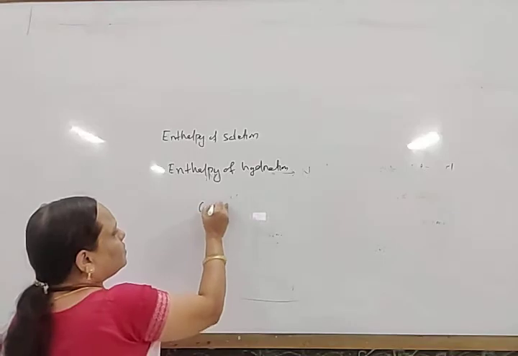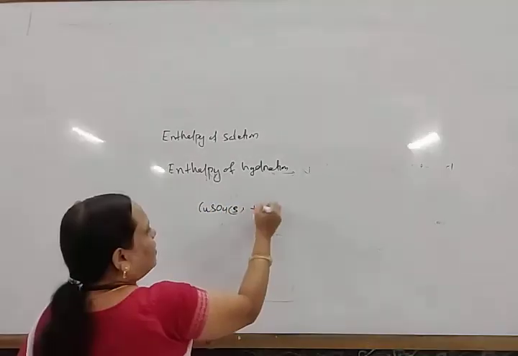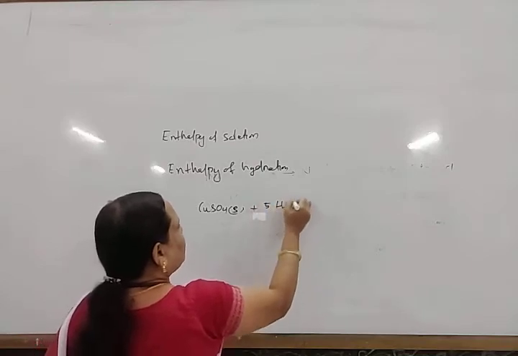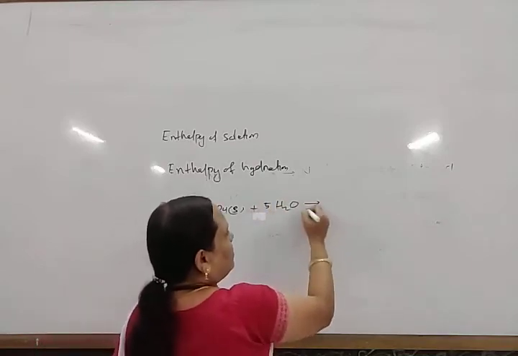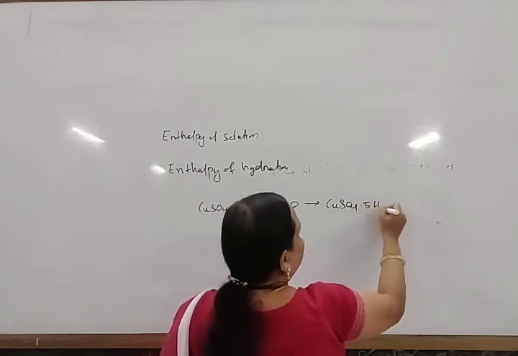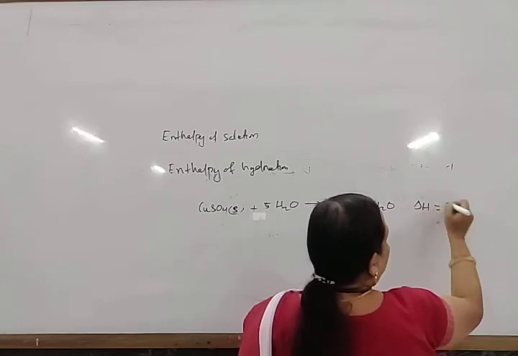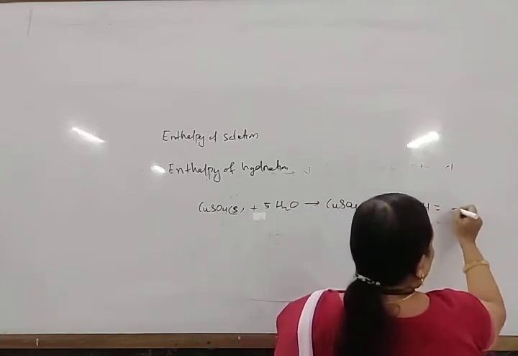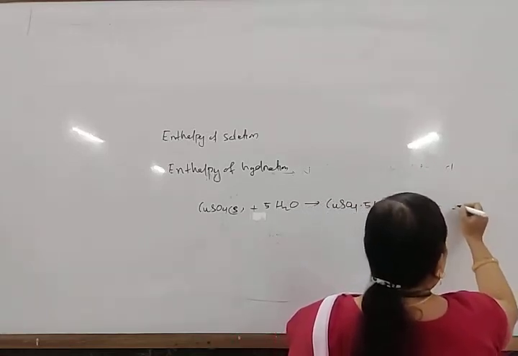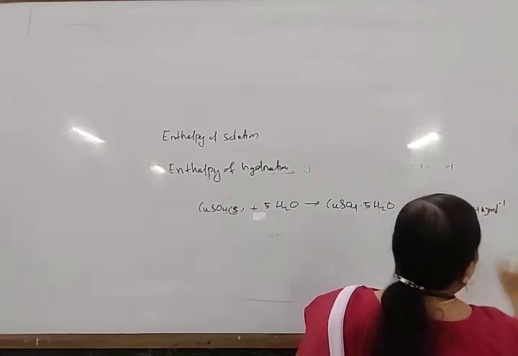Look here, suppose CuSO4 solid, plus 5H2O. If it absorbs 5 water molecules, then CuSO4.5H2O is formed, and del H is equal to minus 78.4 kilojoule per mole.